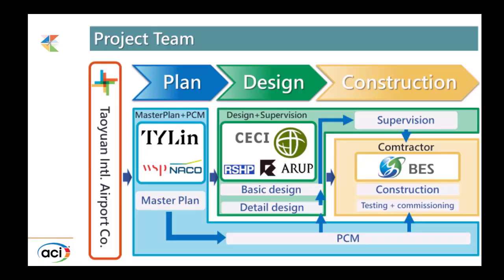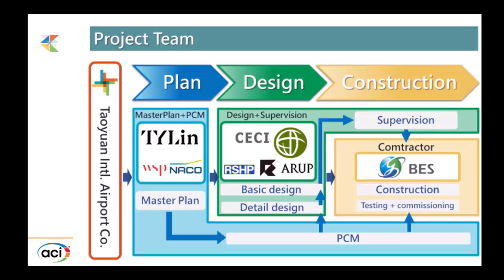I joined this project 15 years ago. Willie is 12 years ago. So we have worked together for a long time. In the organization on this slide, TYLIN, WSP, and NACO are the planner and the project management team.